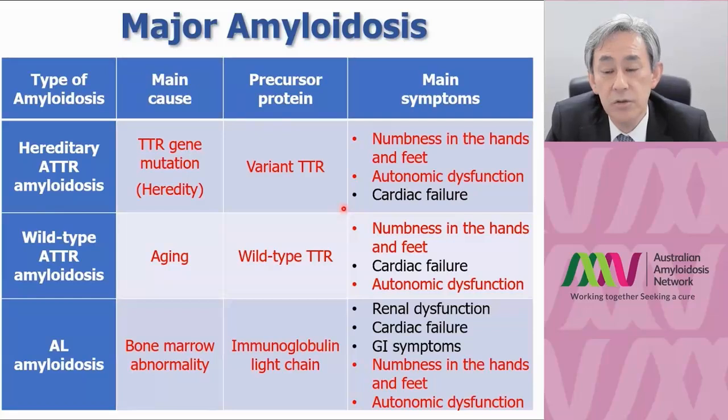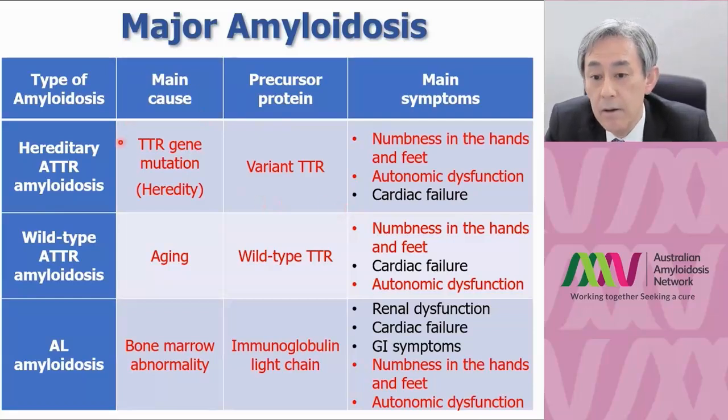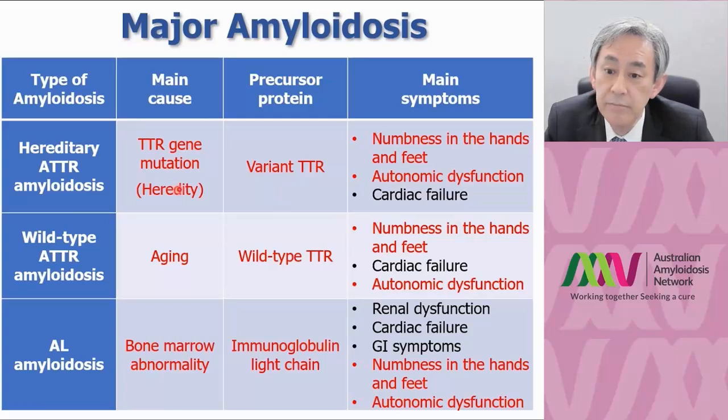This slide shows a summary of major amyloidosis. Hereditary ATTR amyloidosis is induced by TTR gene mutation, and the precursor protein is variant TTR. On the other hand, aging is the main cause of wild-type ATTR amyloidosis, and the precursor protein is wild-type TTR.